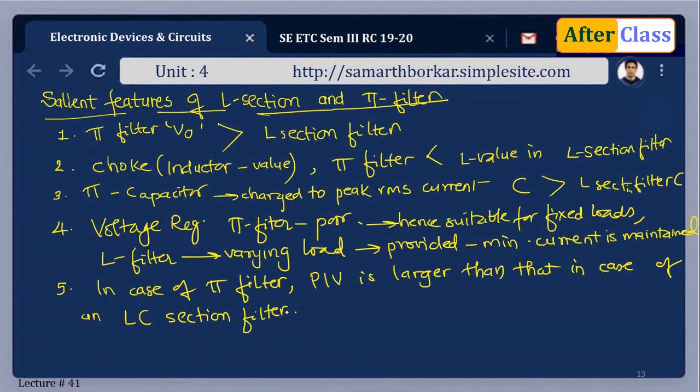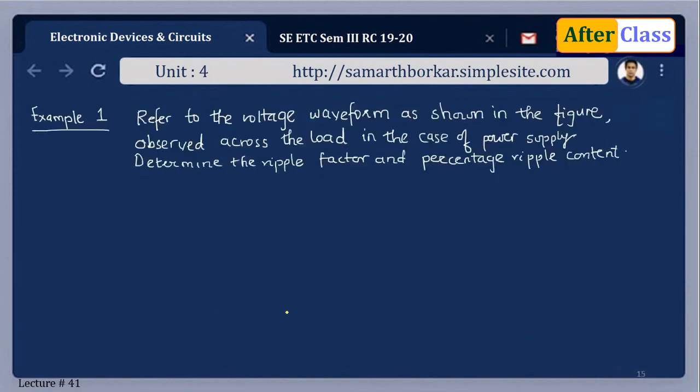Now let us start with some numericals to understand this concept in more detail. Here is the problem statement. Refer to the voltage waveform as shown in the figure. Let me draw the figure.